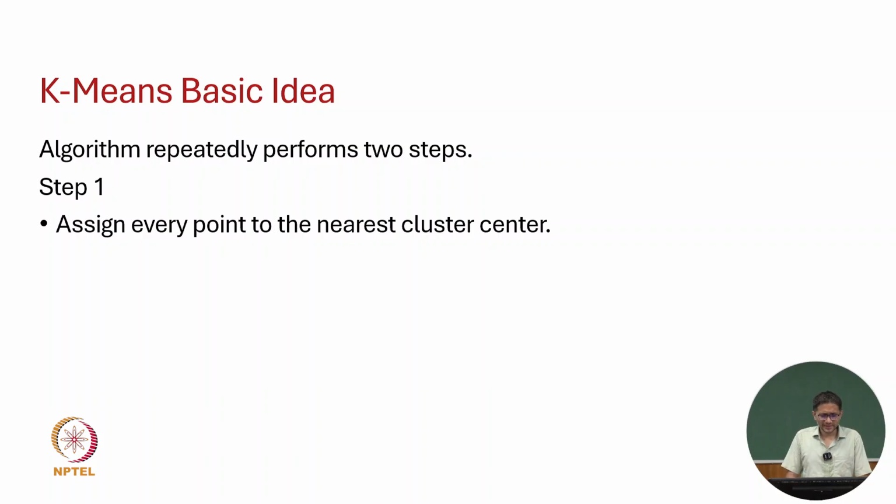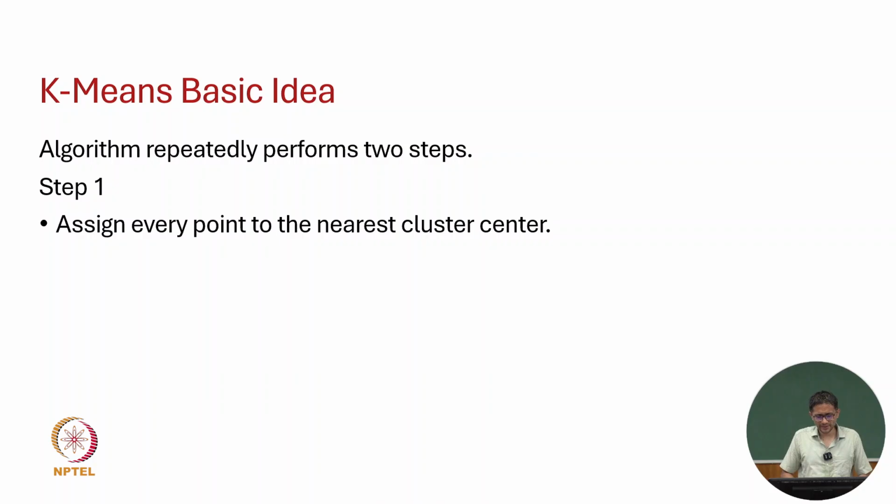So why did I tell this entire story? K-means clustering follows a similar kind of principle, a similar kind of algorithm. What happens is that in the first step, the algorithm assigns every point to the nearest cluster center.